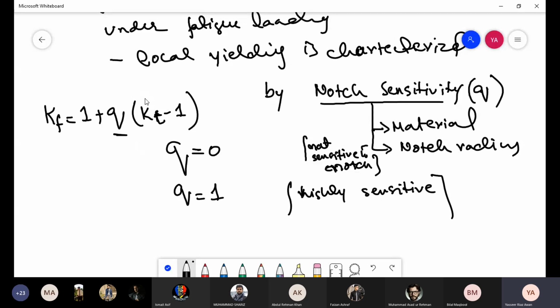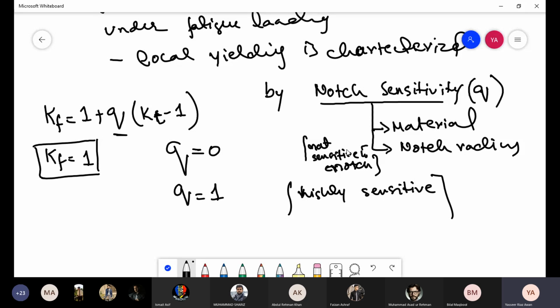Kt is a stress concentration number for keyways, holes, etc. that is determined by geometry, and we use it as it is in brittle material, but in ductile material its effect even under fatigue loading reduces due to local yielding. That reduction is taken care of by this factor known as notch sensitivity, denoted by q. So if q is 0, then Kf is equal to 1.